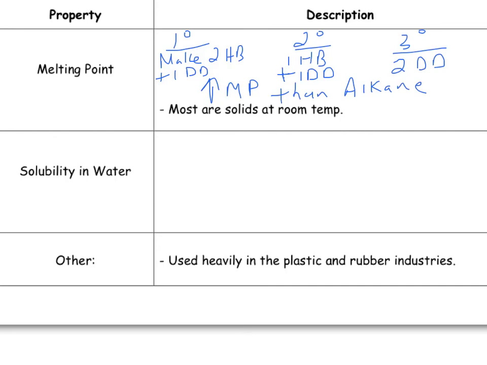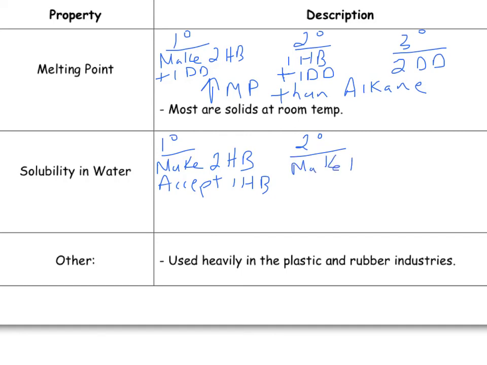In terms of solubility in water, again you get a range depending on what classification. If it's primary, you can make 2 hydrogen bonds with water, and you can accept 1 hydrogen bond off of the C double bonded O. For a secondary amide, you can make 1 and accept 1 hydrogen bond.